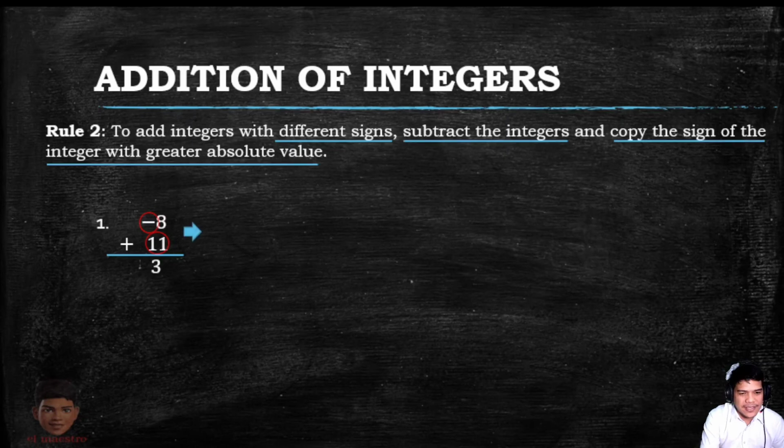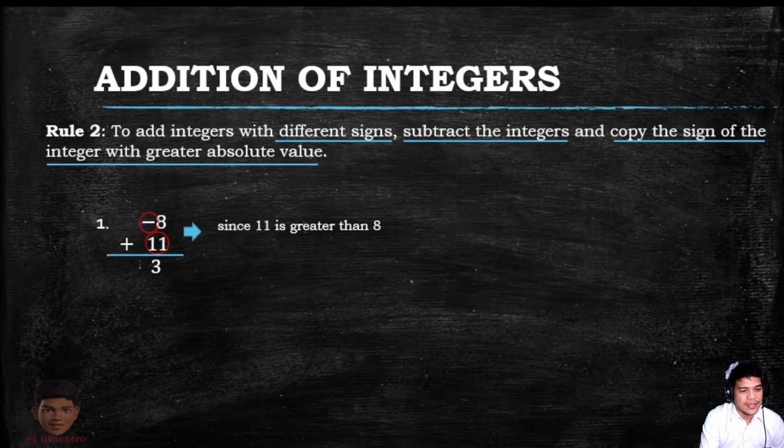Since 11 is greater than 8, 11 is bigger than 8. Right? So we copy the sign of 11, which is positive. We copy the positive 11, so we don't need to write it. So the answer is positive 3.